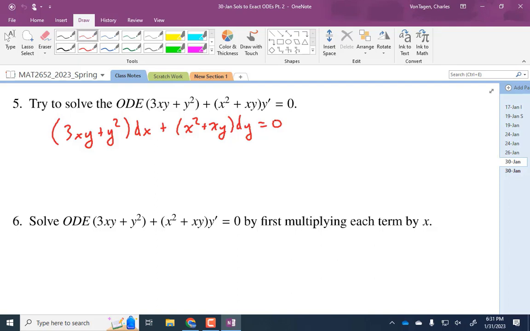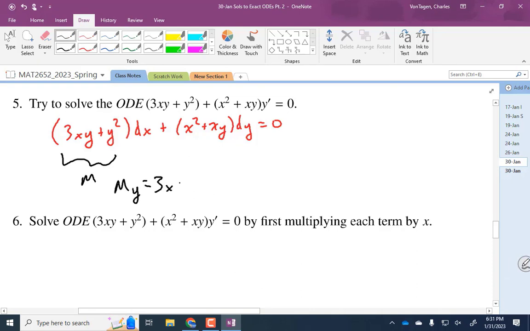Why not? So what's the very first thing we need to do with any equation if we're going to use the method for solving exact equations? We need to determine it's exact. We need to verify that this equation is exact. So this would be playing the role of our m here, and if I were to take m sub y, what do I get, folks? I get 3x plus 2y. Yep.